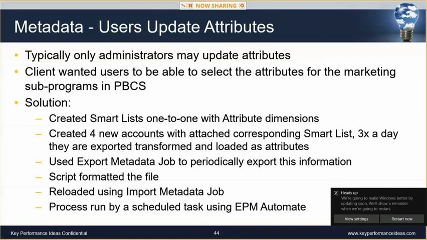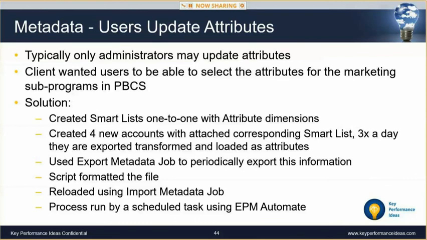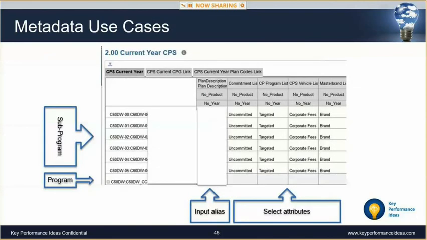And we created 4 new accounts that had those smart lists attached. 3 times a day that information was exported, and then we transformed it, and then we used the import metadata job to reload it. And that was, again, a process run through a scheduled task using EPM Automate.